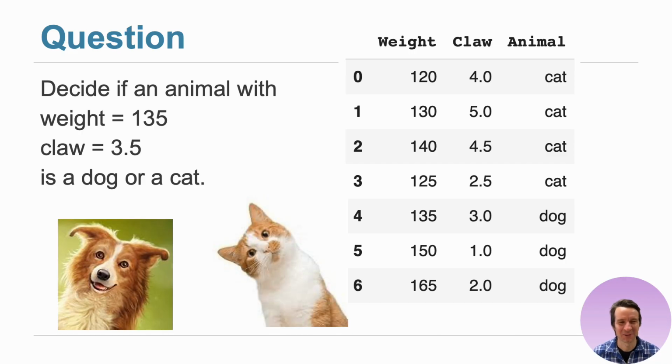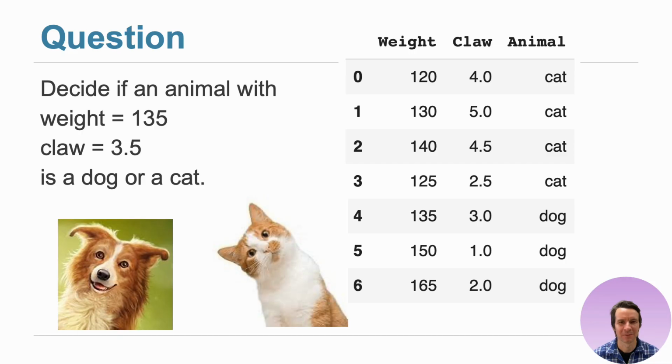I don't know what the units are, so you can make whatever units you feel are fun. I observed several cats and dogs, measured their weight and claw, and here I have a table. It has several cats' data, several dogs' data, and I would like to know the animal that I measured for weight and claw. Is it a dog or a cat?